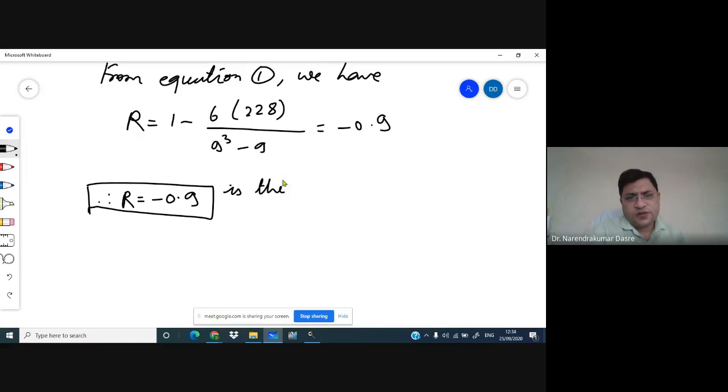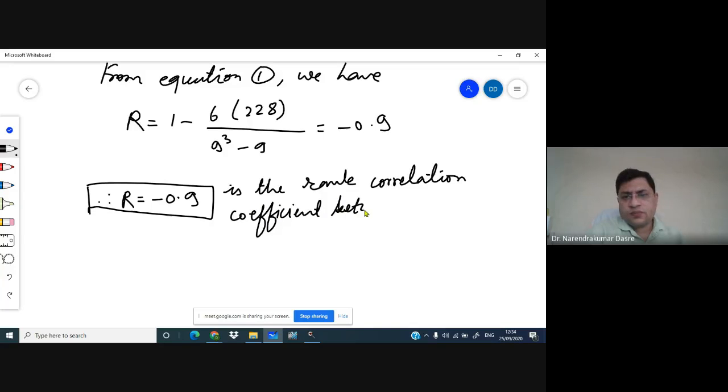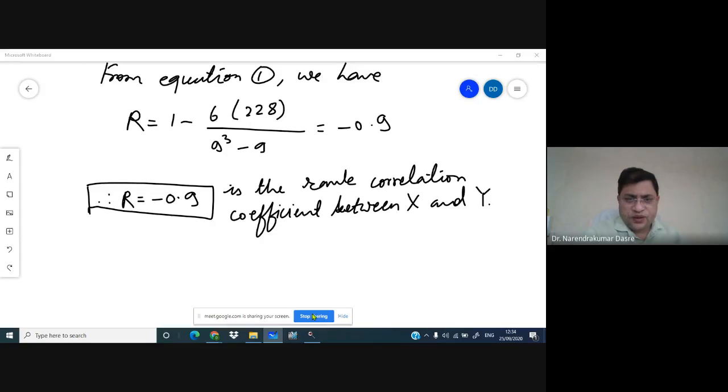So this is the rank correlation coefficient between X and Y. See here, we got the value to be minus 0.9. Minus 0.9 means what?